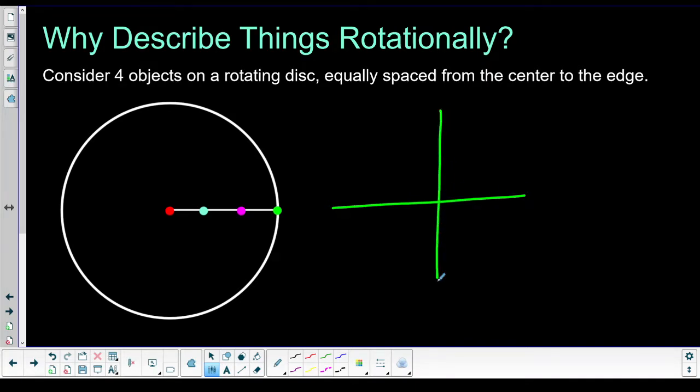Cartesian, I don't know if anyone's ever told you this, but Cartesian is just an XY grid, right? You go left, right, and then up, down. So instead of going up, right, left, down, we go out and then we rotate, right? So you can still get to everywhere. Where do you want to go?